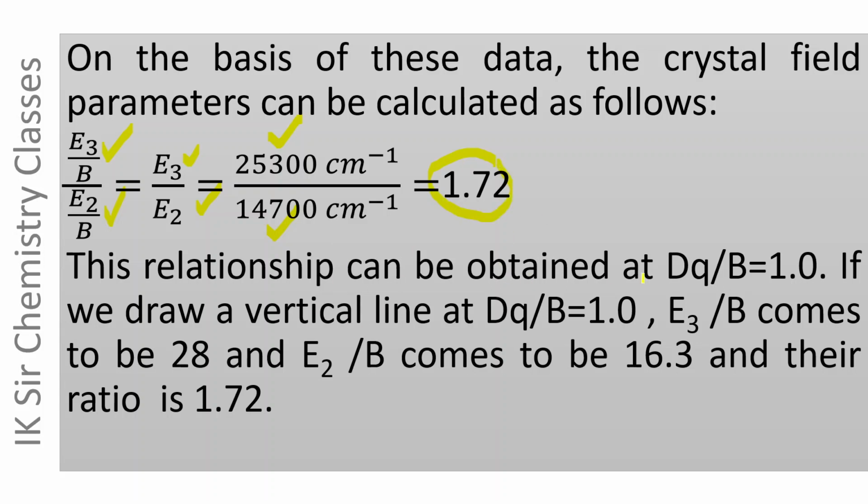This relationship can be obtained at Dq by B equals to 1 if we draw a vertical line at Dq by B equals to 1. E3 by B comes to be 28 as given in the earlier slide, and E2 by B comes to be 16.3, and their ratio is 1.72.